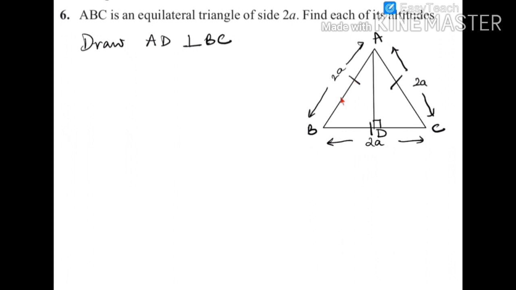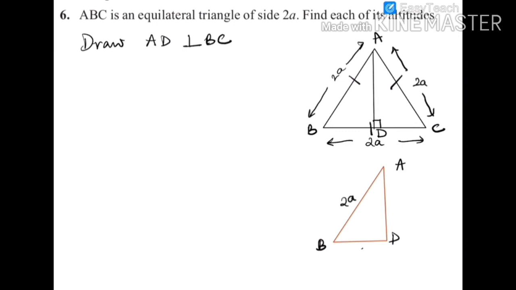So now we have triangle ABD, which is right angled triangle. So we can use Pythagoras theorem in this. So let's just draw the triangle that we need. So this is triangle ADB, in which AB is 2A.